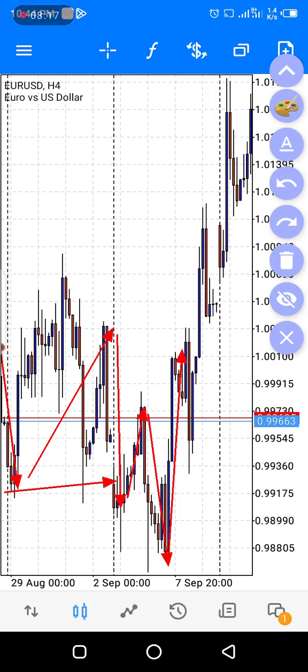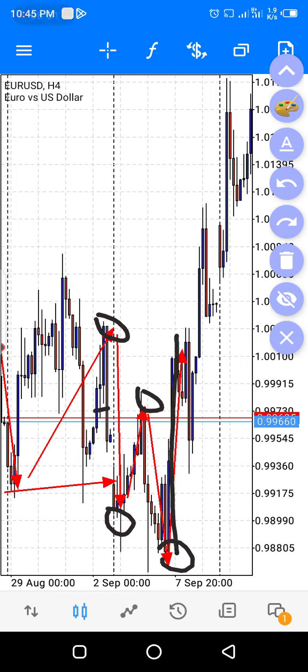Price moved: this high, this low, this lower high, and this lower low. What we see next is price pushed up and broke this structure here, came back down, and could not break the structure below.